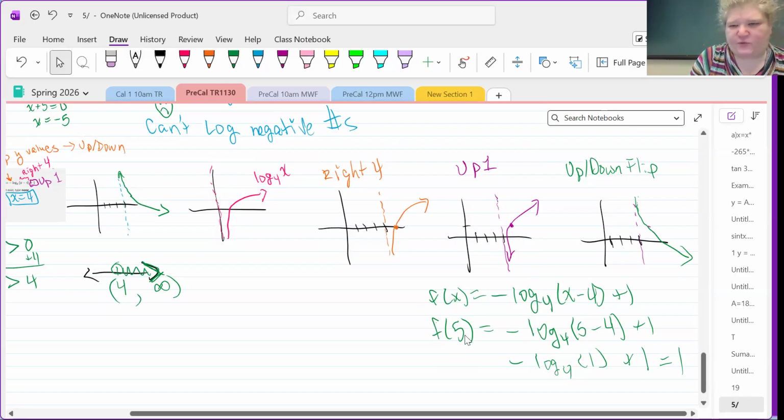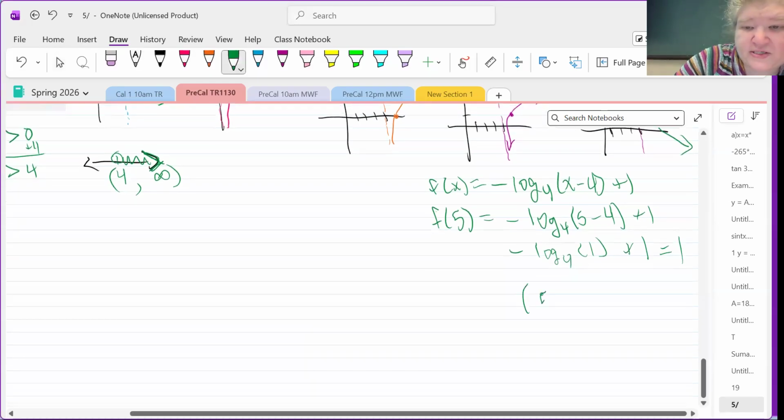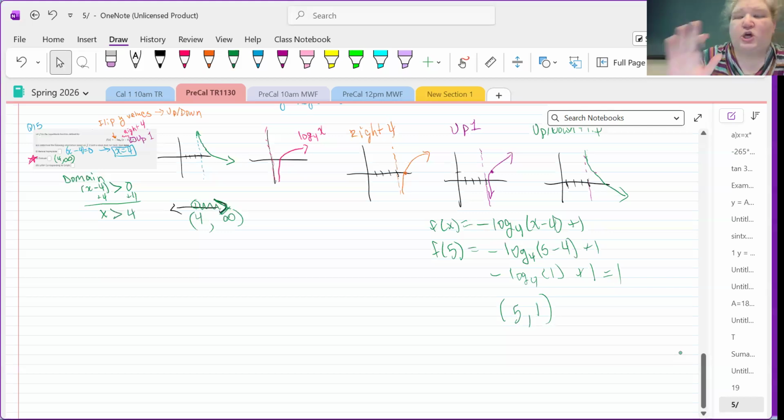So I knew this 5 was going to give me a nice ordered pair. It's telling me the point (5, 1) is a point on this graph. So when I look at the two graphs on WebWork, one of them will cleanly go through (5, 1), and the other one goes through (5, -1).